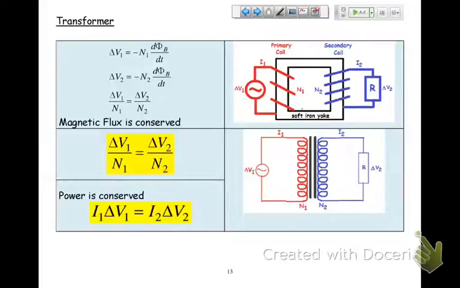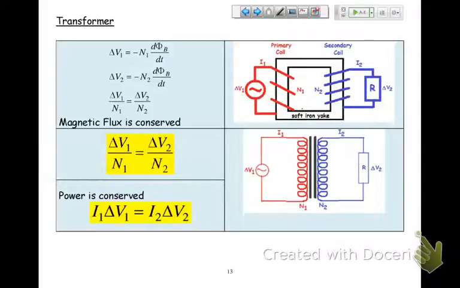Because with this, by using a simple combination of two coils with different numbers of turns, I can change the characteristic of my energy. It's still the same amount of energy per second flowing through this device. The power is the same.